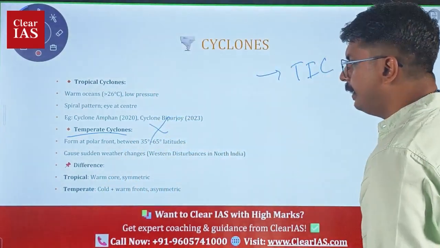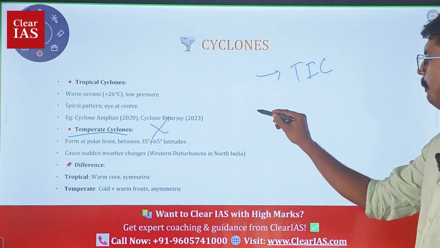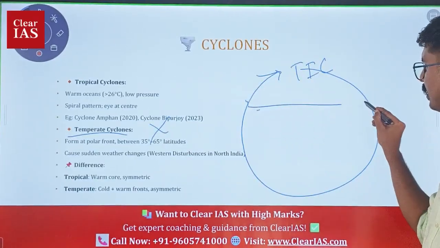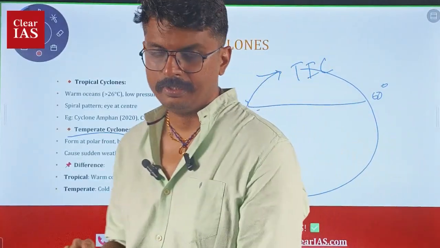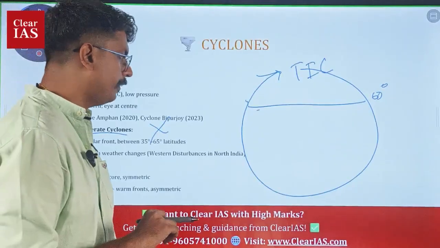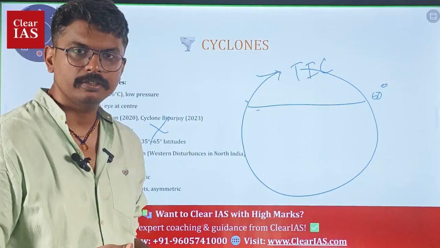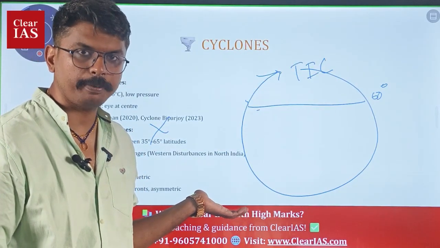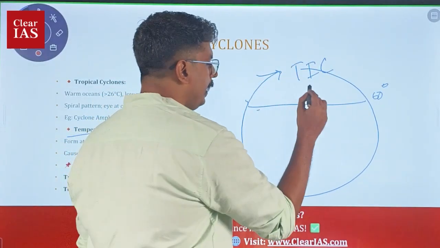Okay, so see, temperate cyclones. Temperate cyclones, I said, are usually formed around the 60-degree latitudes. Remember, we studied frontal rainfall in the last topic, types of precipitation. Very good. So the same thing.